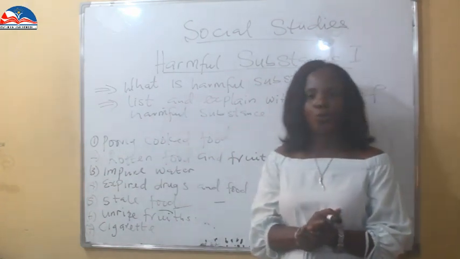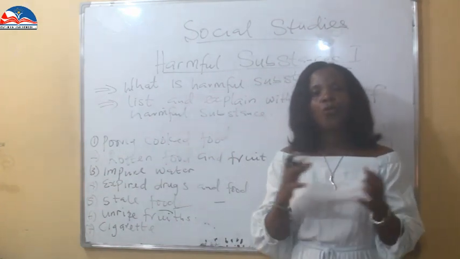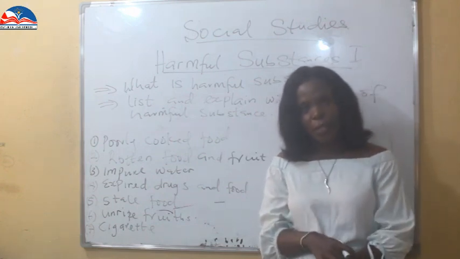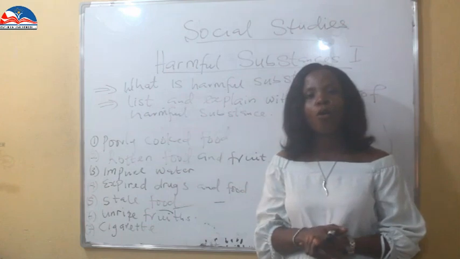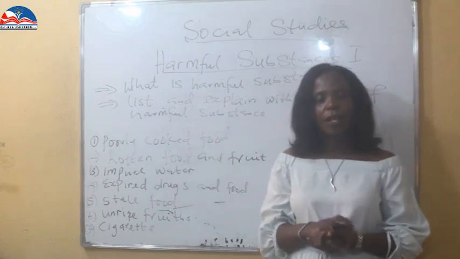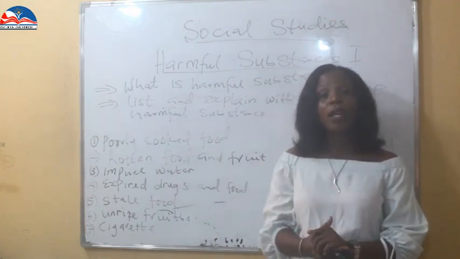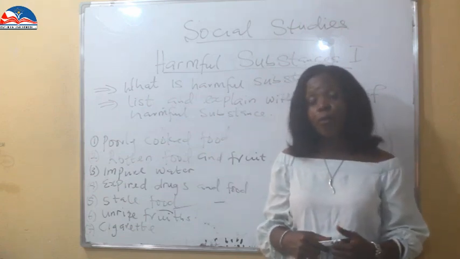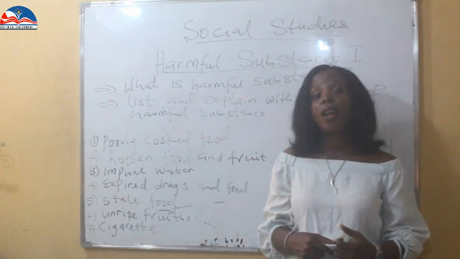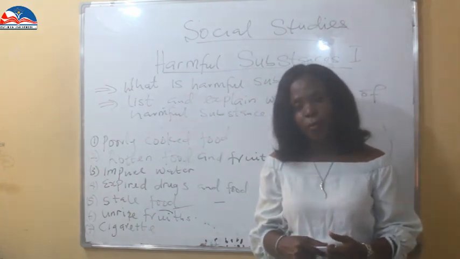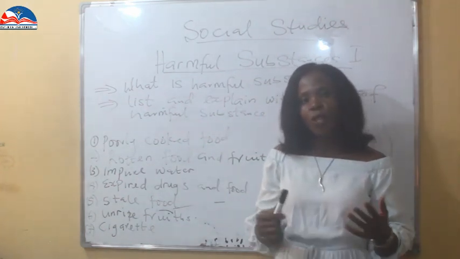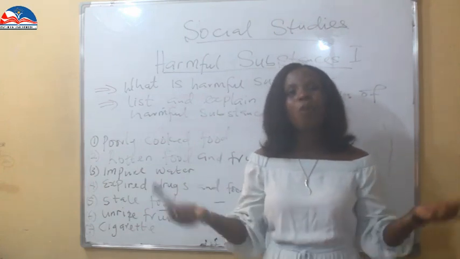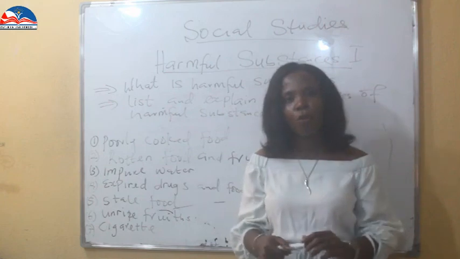Poorly cooked food. Food that is not properly cooked. For example, pork meat. If you cook your pork meat and it's not well cooked, it can be contaminated. Remember, pork meat most times carries worm, tapeworm. If it is not well cooked, this tapeworm goes to the system and causes havoc.